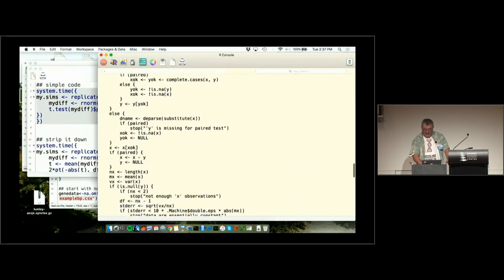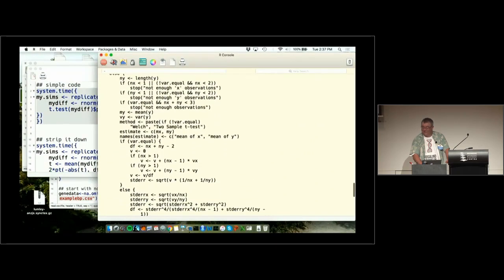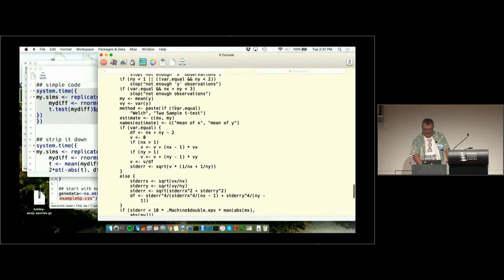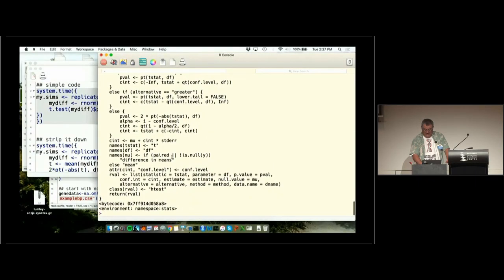And if you go and look at it, it's doing a lot of stuff. For example, checking that we've got enough observations, which, you know, we're designing this data, so we can make sure we do. Various special cases, all sorts of other stuff.